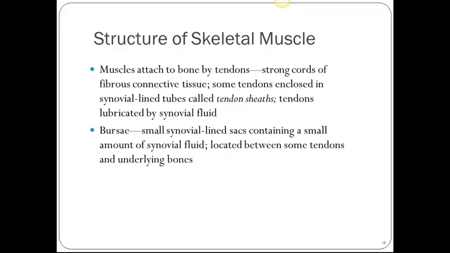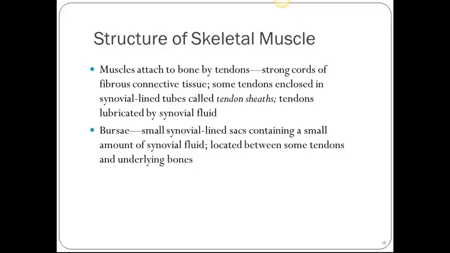Structures of the skeletal muscle. Muscle attaches to bone by tendons, which are strong cords of fibrous connective tissue. Some tendons are enclosed in a synovial-lined tube called tendon sheaths.